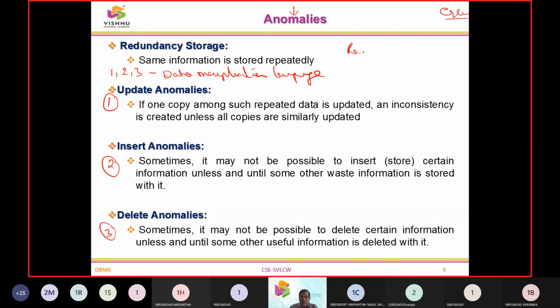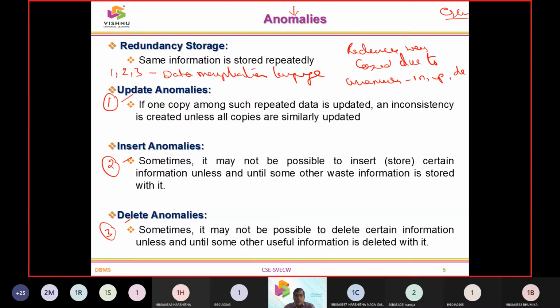So redundancy was caused due to anomalies, that is insert, update and delete.